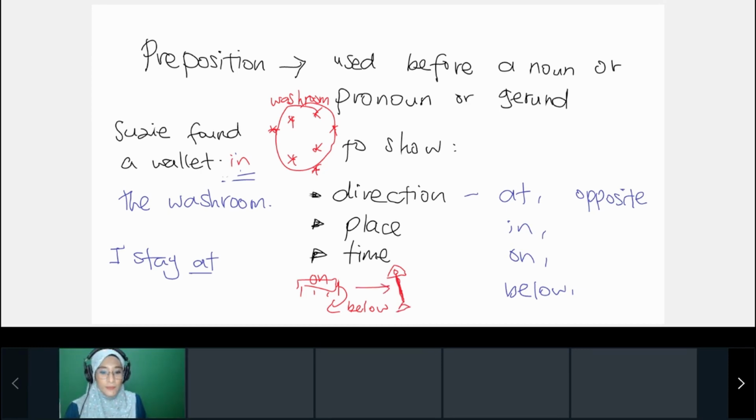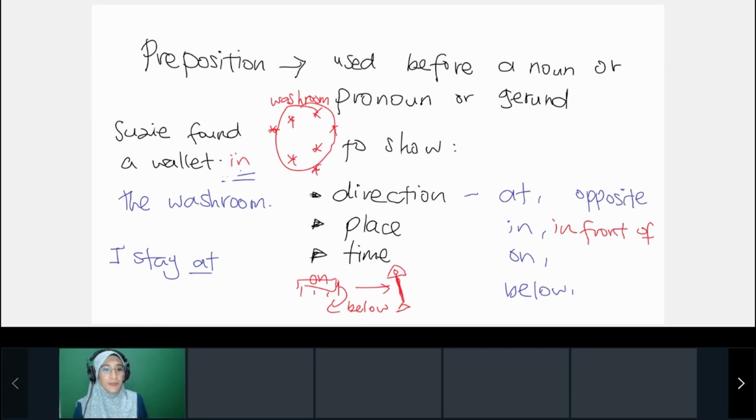So opposite. Maybe it's in front. Yeah, in front of. You can be in front of, or you can be the opposite. I hope you are clear on that. We've been doing a lot of drawing.